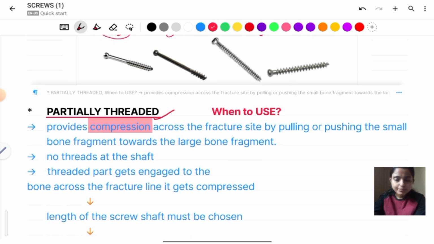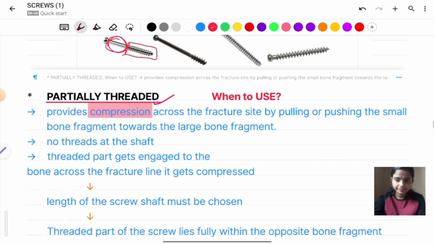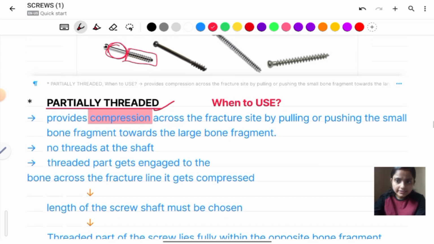As it is partially threaded, it has no threads at the shaft. The threaded part gets engaged to the bone across the fracture line, and then it gets compressed.